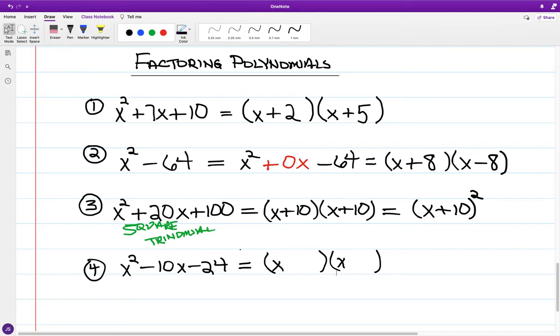So this is going to signal that more weight is going to be given to the subtraction than to the addition. Negative 24 has all kinds of combinations, but where the factors will add up to negative 10, on the minus side is going to be 12, and on the plus side we have only 2. So your factors will be x plus 2 and x minus 12.